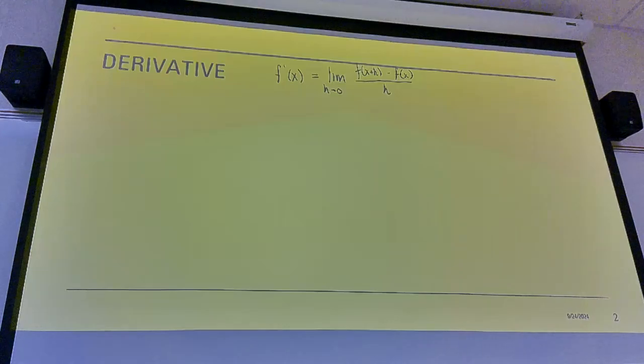I'm going to modify that just a little bit. Instead of using h, I'm going to use delta x. Whether h or delta x doesn't matter. It just means the incremental change in x.